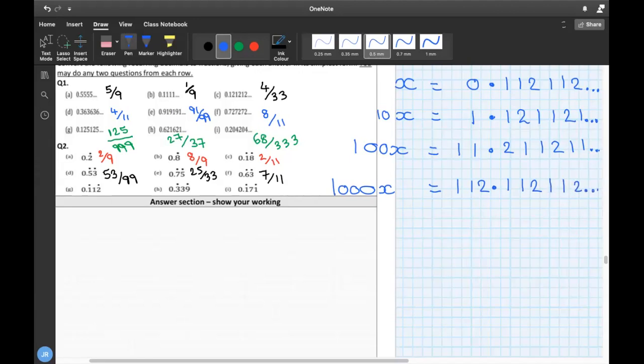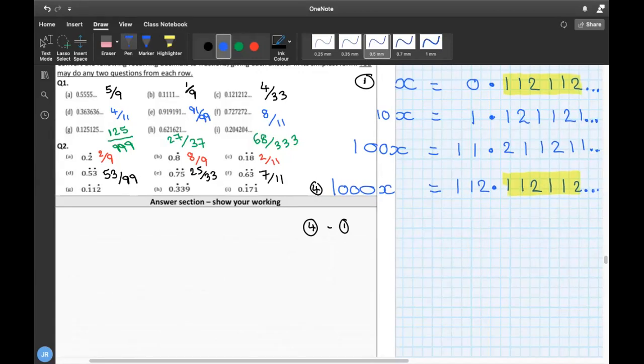There we go. We've got a match. You can see here we've got the exact same values in the exact same order after our decimal point. If we label this again, this would be our first equation, second, third, this is our fourth equation. And we now need to do equation 4, subtract equation 1.